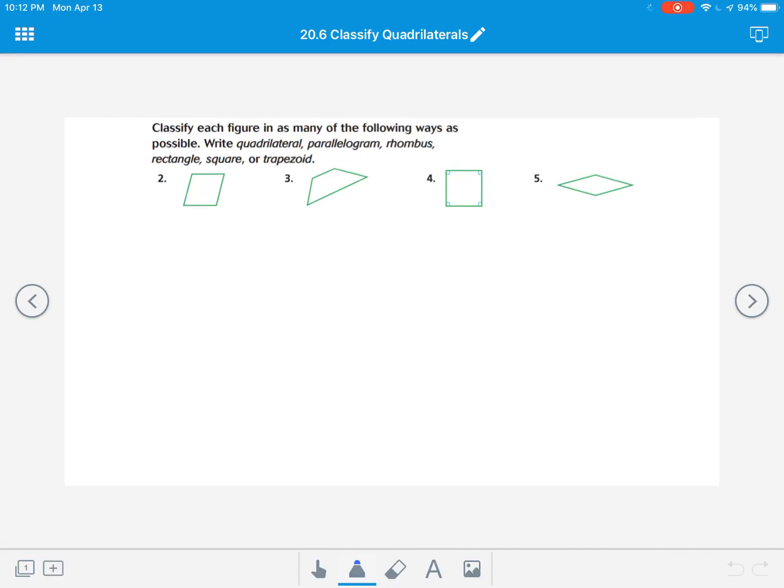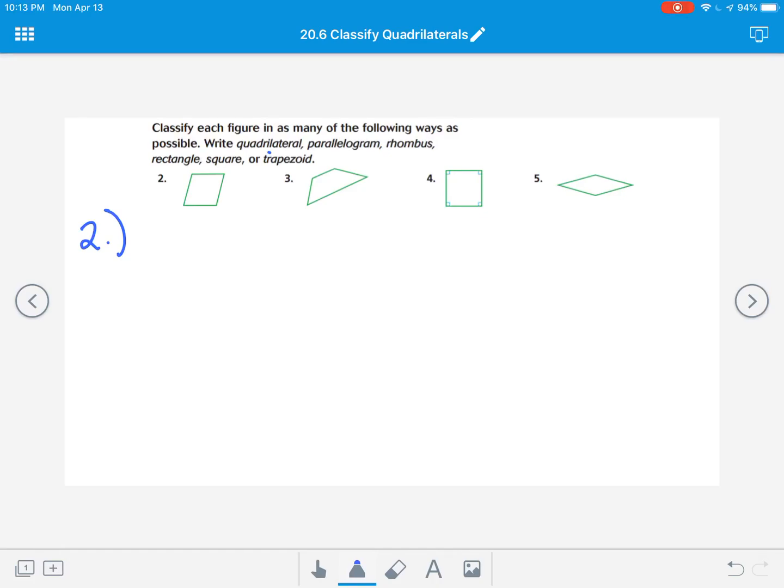All right, let's take a look at number 2 through 5. Directions say classify each figure in as many of the following ways as possible. So let's break it down with the most general and then getting to the most specific. The way this is written out actually goes from general to specific. So quadrilateral would be the largest group.